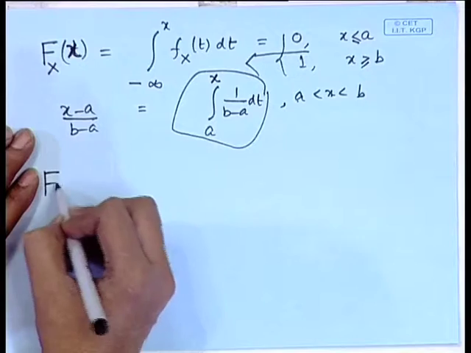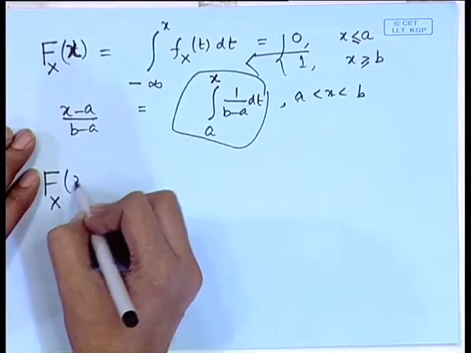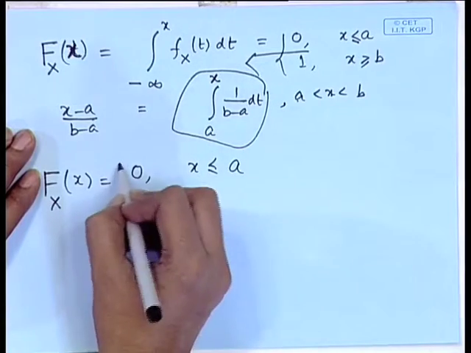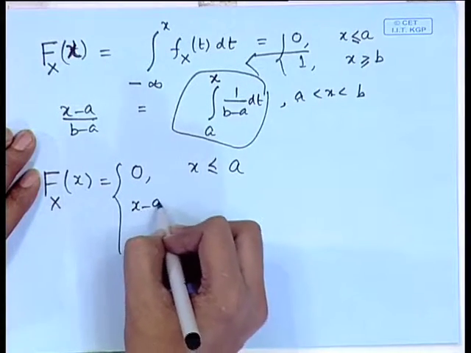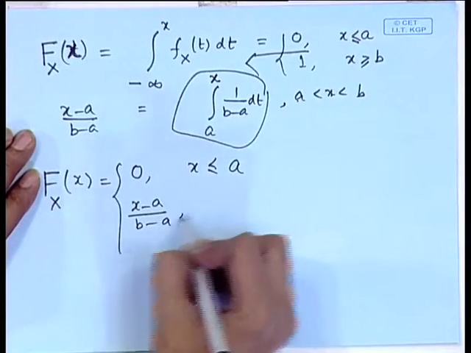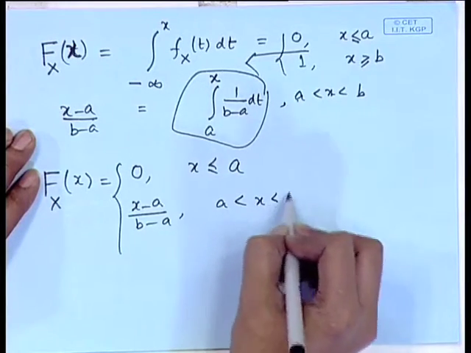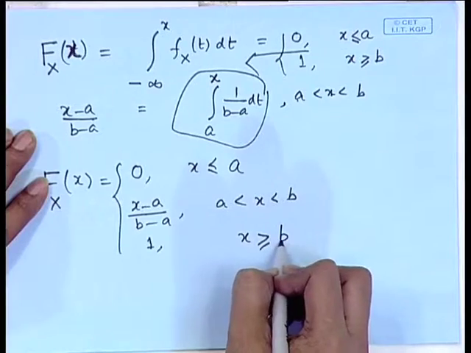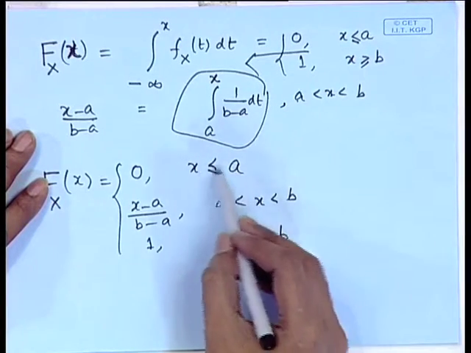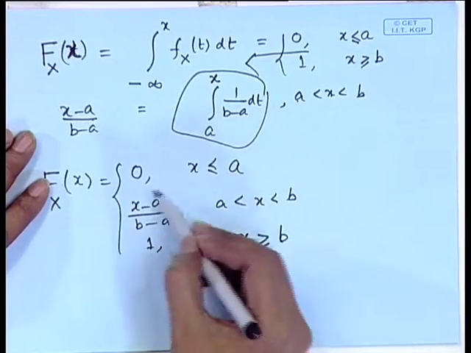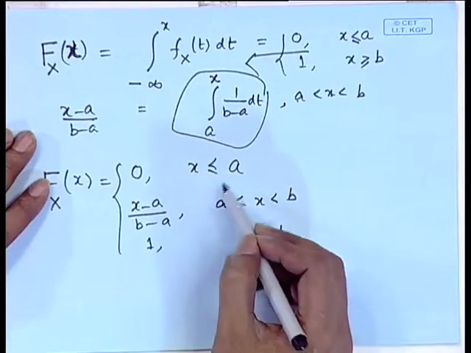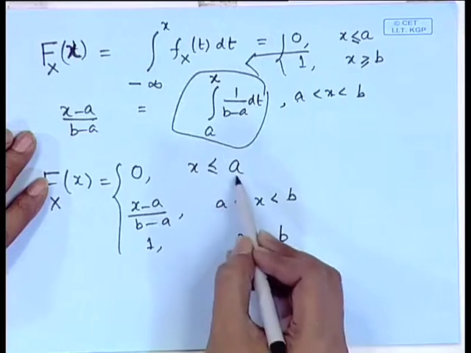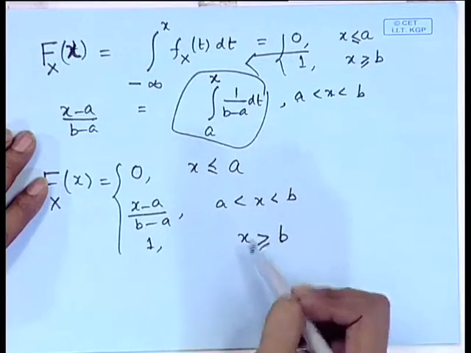Therefore, the CDF can be written as 0 for x less than or equal to a, (x minus a) by (b minus a) for a less than x less than b, and 1 for x greater than or equal to b. You can easily observe that the function is absolutely continuous, the derivative will give you the density, and at the endpoints a and b of the interval, the function is continuous.